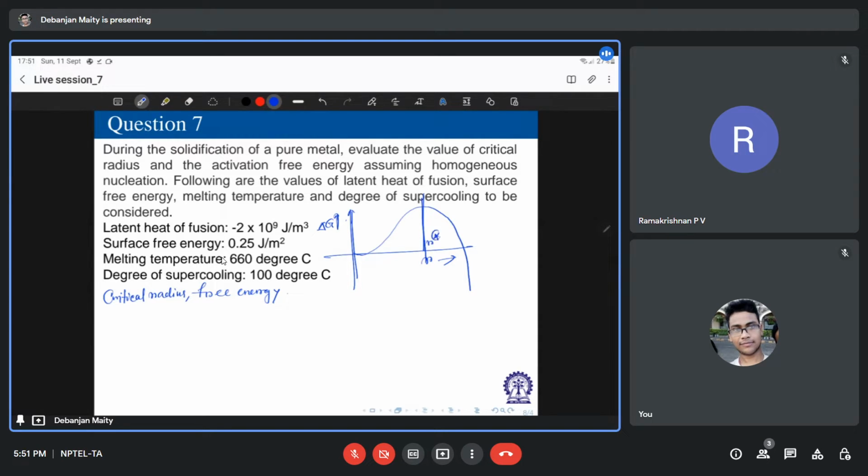If this is your R star, so basically whenever you talk of some free energy, it is composed of something called volumetric free energy and energy needed to create a surface.